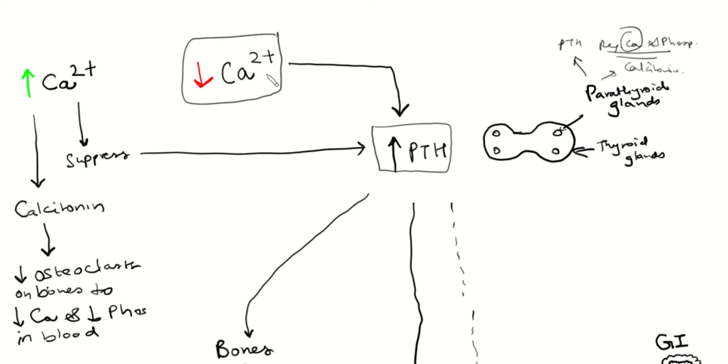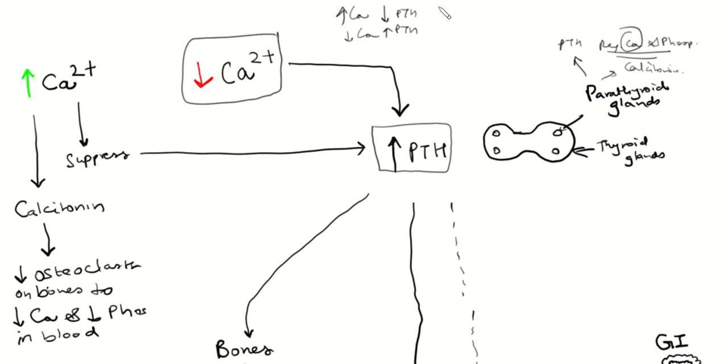Okay. So anytime your calcium runs low, parathyroid hormone is stimulated. If your calcium is high, the parathyroid hormone is suppressed. And do you see the feedback mechanism? High calcium, low parathyroid. Low calcium, high parathyroid. That's the normal order of business.